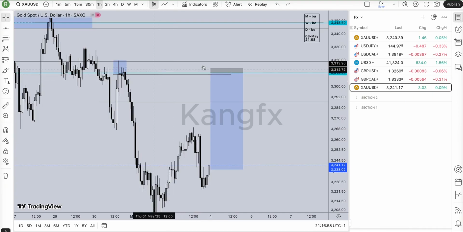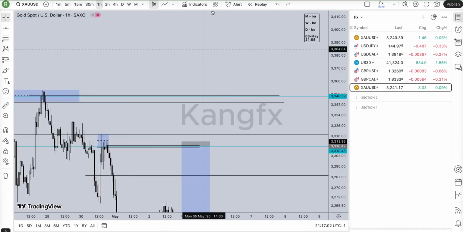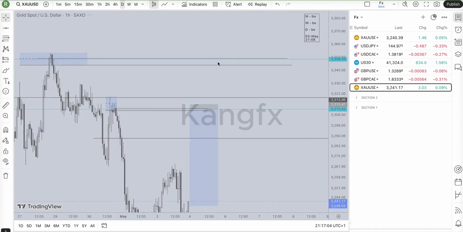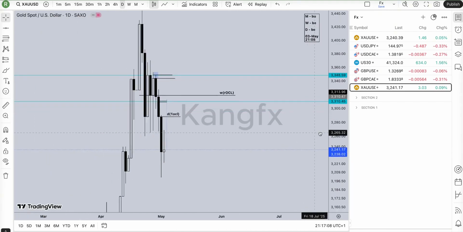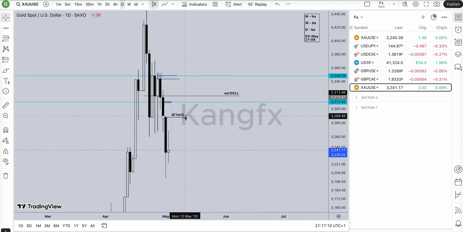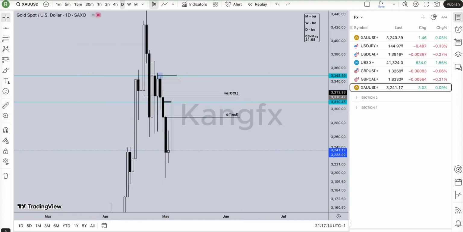Now, what if the market does not come here? The market does not come to the weekly also. It just simply means that the market might just come to this OCL here or this SBR here, and what will happen?